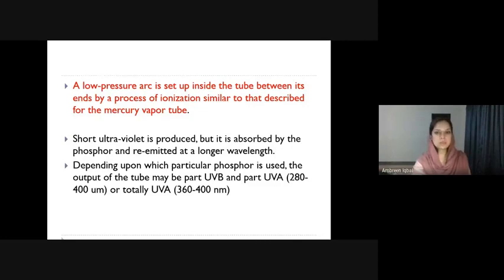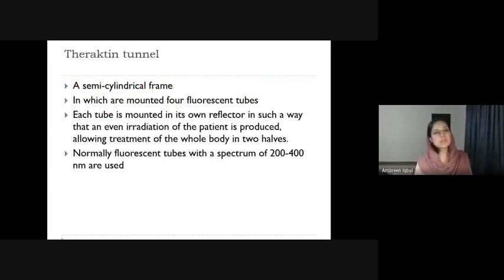Shorter ultraviolet is produced, but is absorbed by the phosphorus and re-emitted at a longer wavelength. So depending upon which particular phosphorus is used, the output of the tube may be part B, ultraviolet A, or totally ultraviolet A.